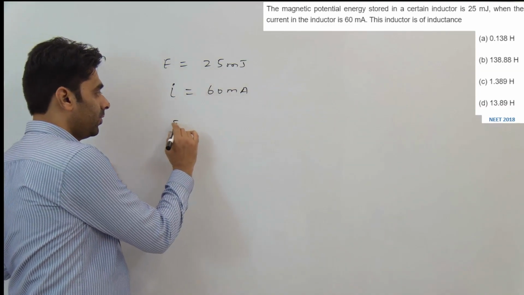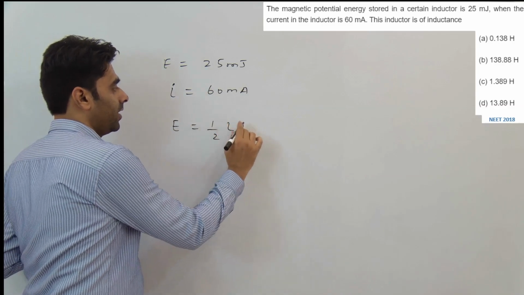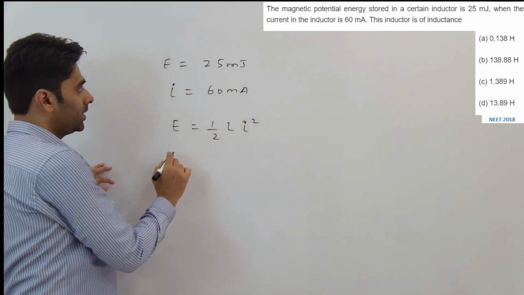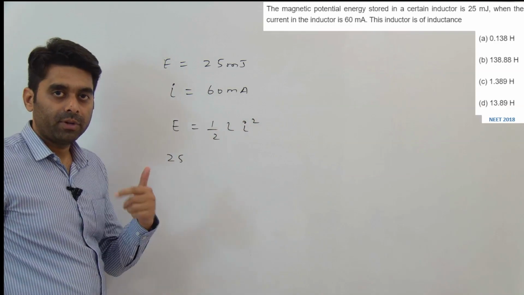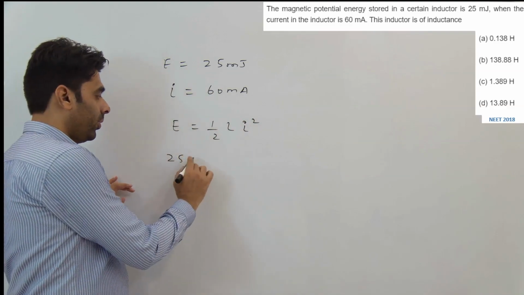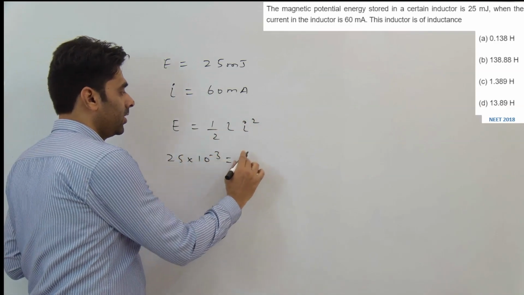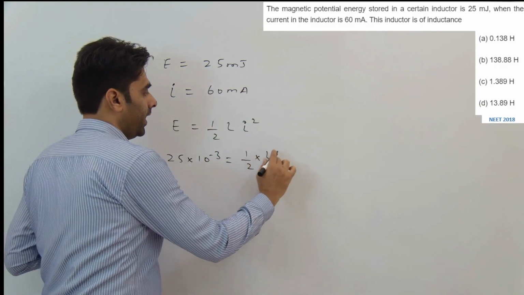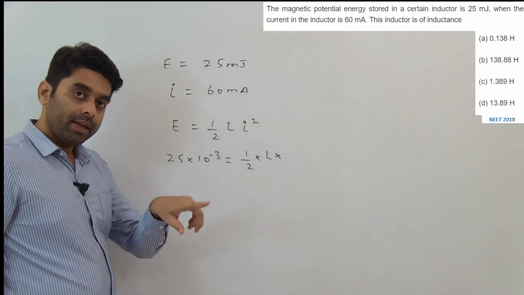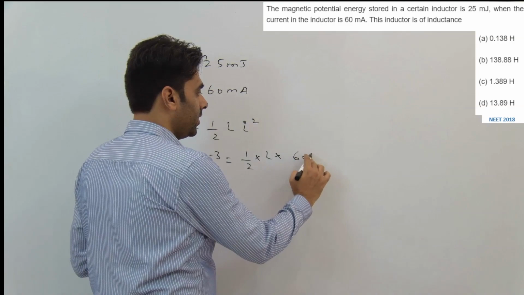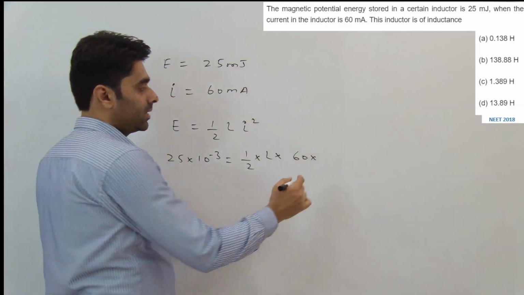So energy for an inductor, stored energy is half L I square. Energy is given to us as 25 millijoule. 25 millijoule we'll have to convert into joule. 25 into 10 power minus 3 is equals to 1 by 2 into L into I square. 60 milliampere, so again this will be 60 into 10 power minus 3 whole square.